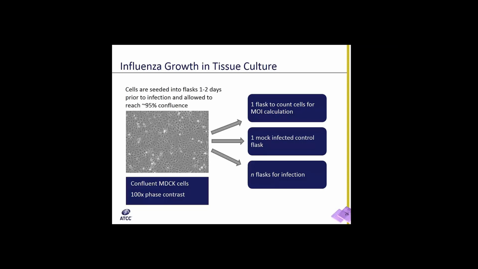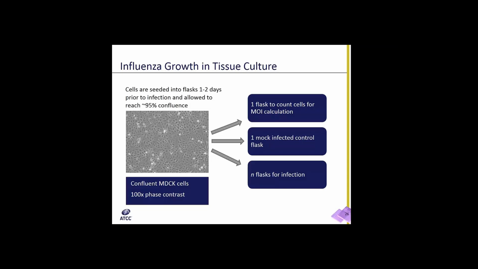When seeding flasks for infection, all the flasks are given the same density of cells. One flask is going to be used as the mock infection control, and that's used in contrast to the infected cells. One flask will be used for counting the total live cells immediately prior to infection in order to calculate the multiplicity of infection, or MOI.